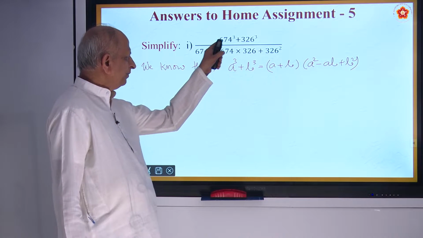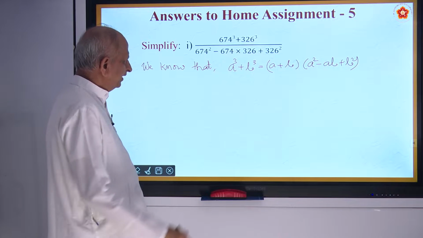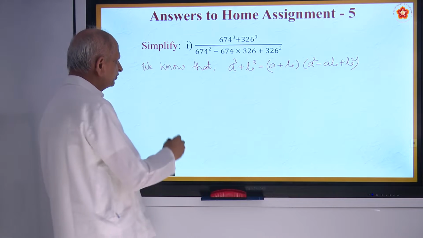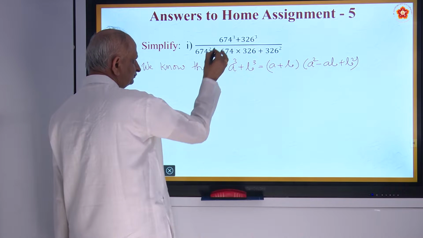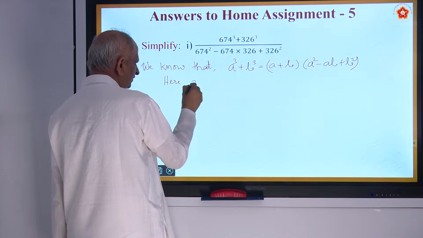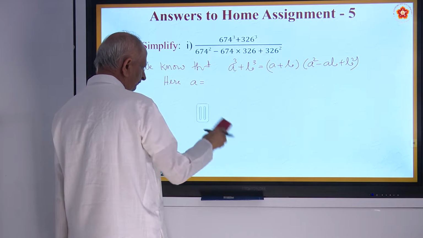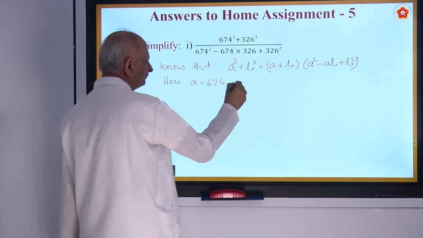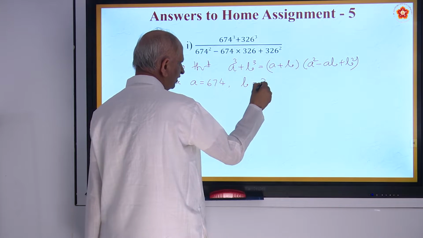So the numerator can be split up like this using this formula. So here what do you get? What is a here? In this problem, a is equal to 674. What is b? B is equal to 326.